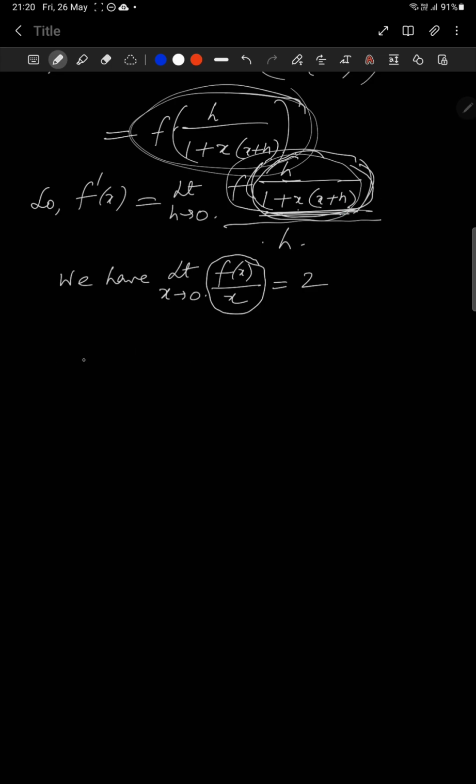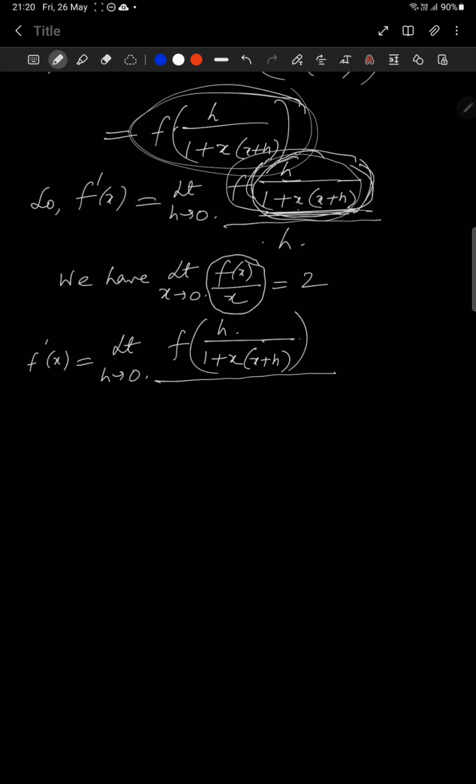So what we get is f dash x is equal to limit h tending to 0, and we can write f(x plus h) divided by 1 plus x plus h, whole divided by h divided by 1 plus x plus h.